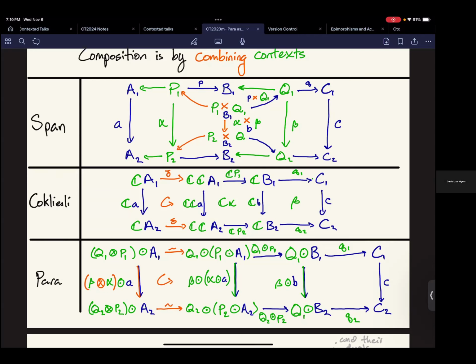So in other words, P1 is a map from A to B, but we have this extra parameter in P. And Q1 is a map from B1 to C1, but we have this extra parameter from Q1. And so what we want to do is compose these, but we have to keep track of both parameters when we do it, right?